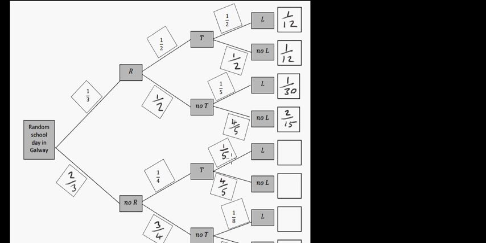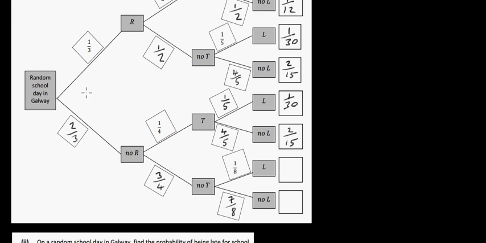If we come down, up and up here, we get 1/30. If we come down, up and down here, that was 1/30, so this is 2/15. Next one then, here, this is 1/16, and the last one is 7/16. Okay, so that's all our outcome probabilities filled out.